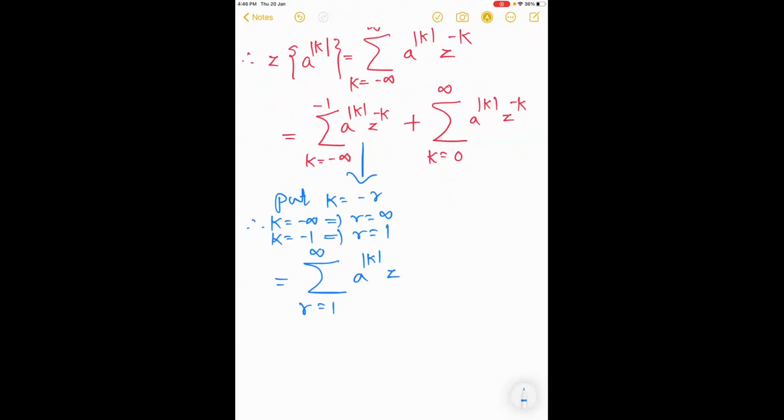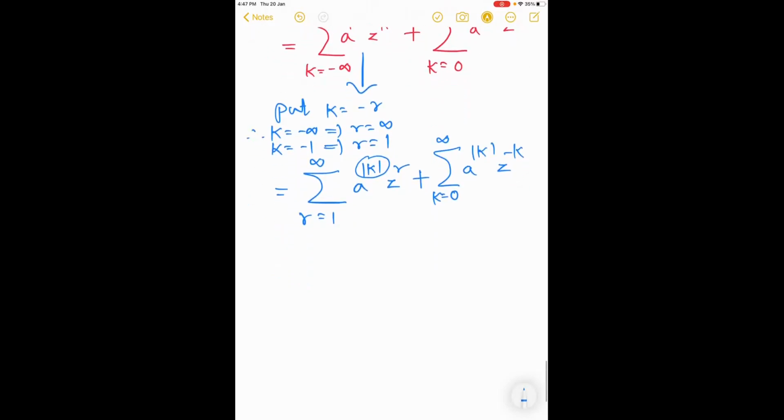So z raised to minus k means there also you have to put. Minus k will become r. And a raised to mod k means only positive value, so it will remain as a raised to r only. Plus this is summation a raised to mod k. In the second, we don't need to do anything, as it is 0 to infinity z raised to minus k.